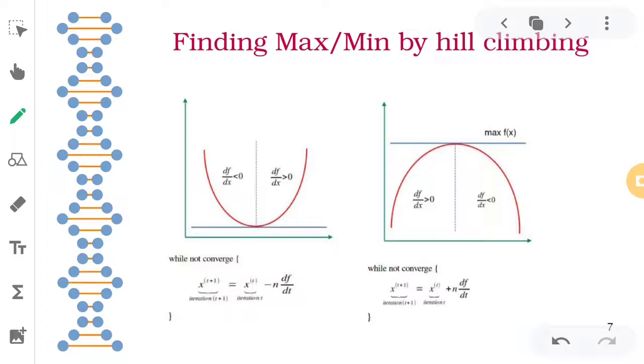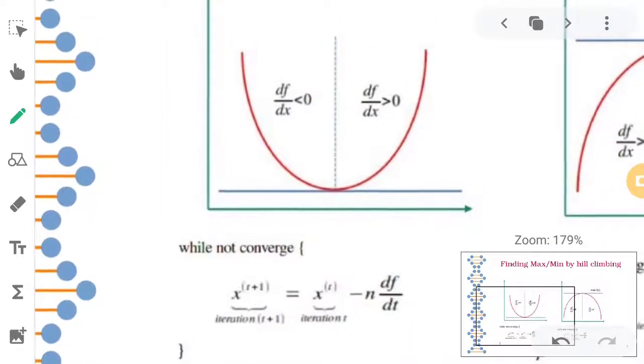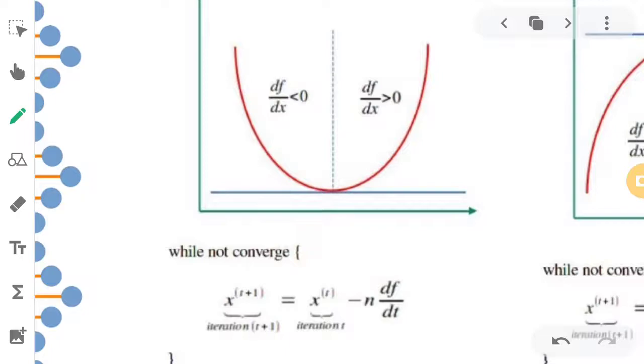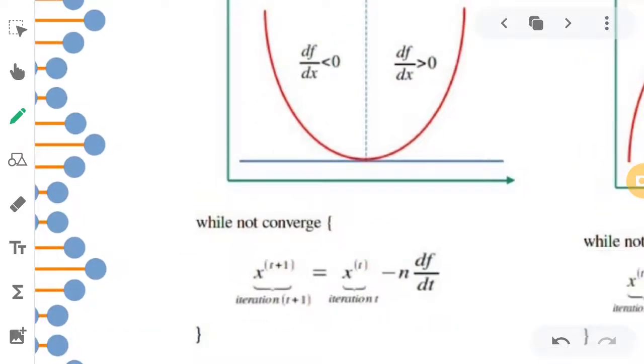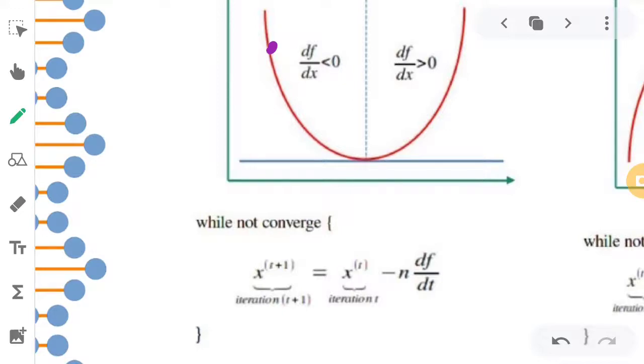Now finding maxima and minima by the hill climbing method. Suppose I am changing my color. This is a point. Okay. Here is neither maxima nor minima. So to find the minima we have to go here, then here, then here, then here.